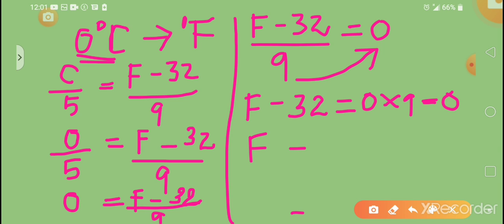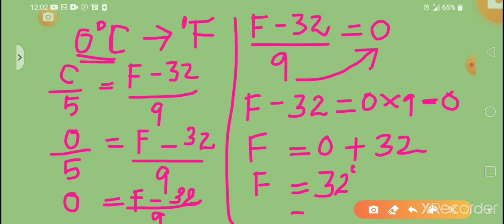It will become 0 plus 32. So F is equal to 0 plus 32 means 32. So that is 32 degree Fahrenheit. So this is the answer. So this way we can use the relationship to convert the temperature from degree Celsius to Fahrenheit scale. Okay.